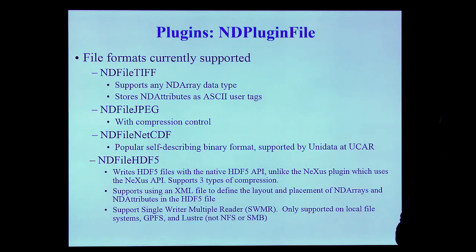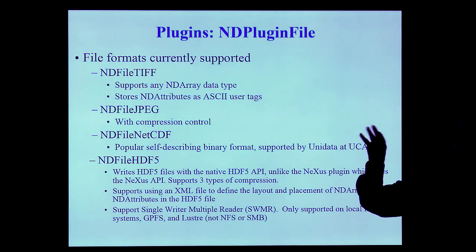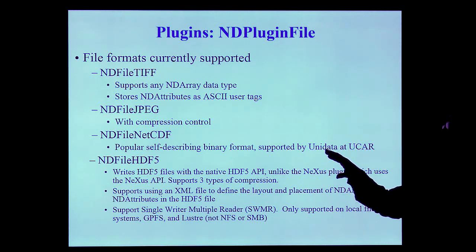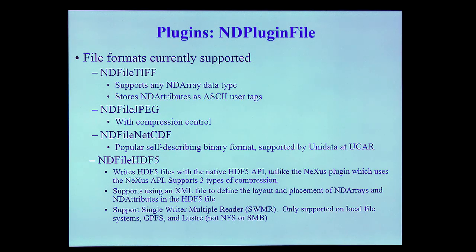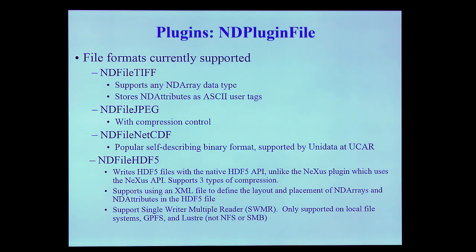Nexus is a standard way of laying out an HDF5 file that's been adopted by the neutron and X-ray scattering communities. The default layout, if you don't use one of these XML files, is Nexus compliant.